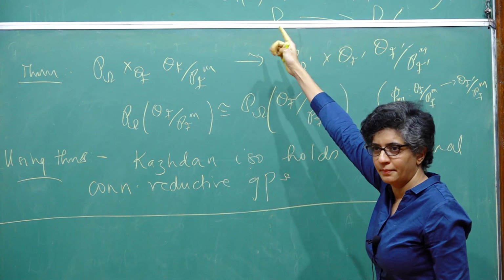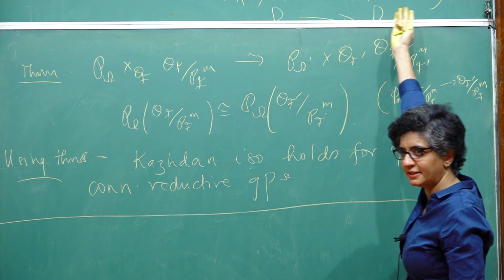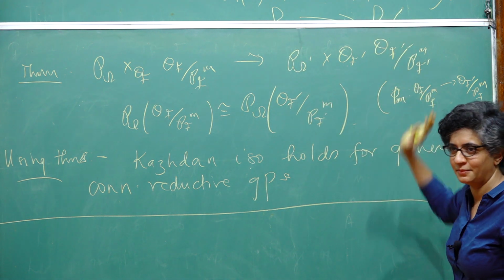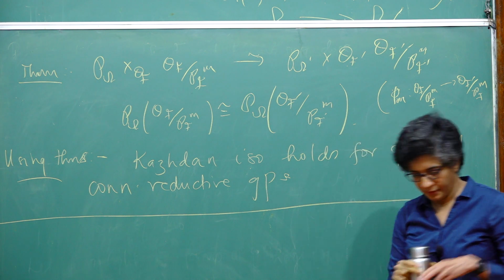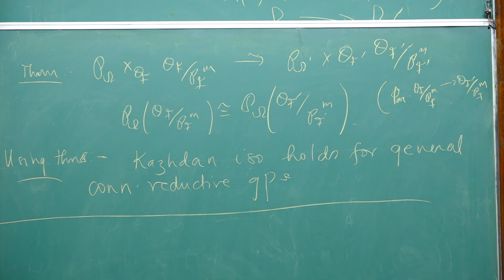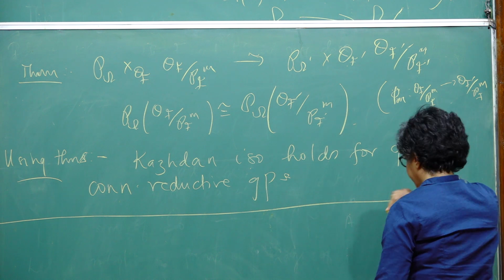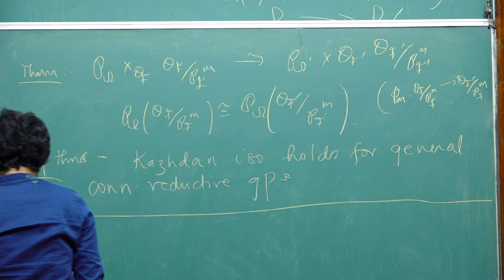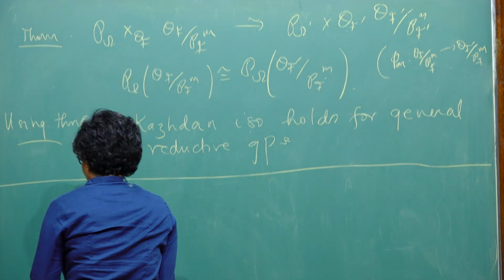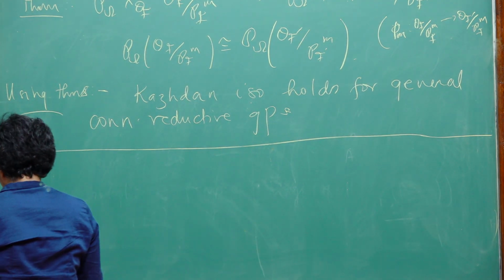So whatever special vertex I pick up here, I will get something. Okay, so I want to talk about this variant of the Kazhdan isomorphism.